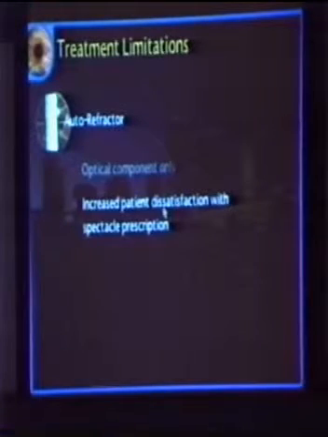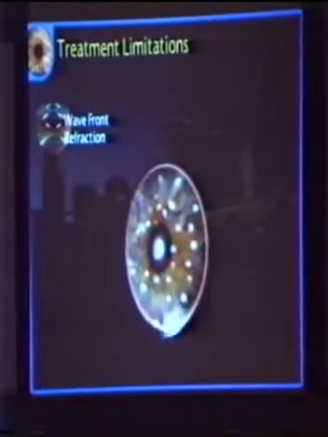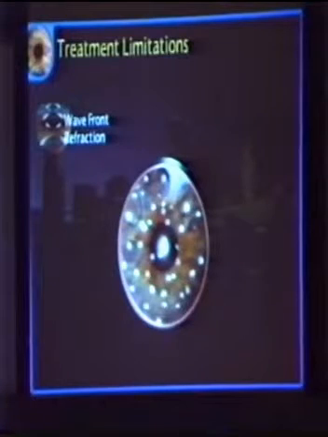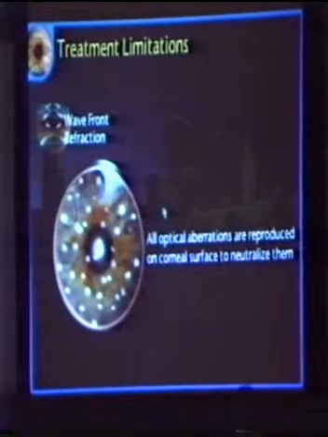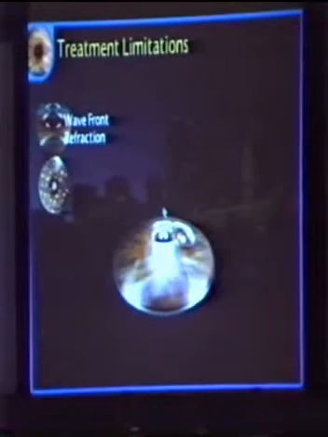Autorefractor, well, once again, only optical components. And as you all know, if we try to prescribe spectacles off the autorefractor, we get a very high level of patient dissatisfaction, so we don't pursue that. The wavefront refraction, well, it really corrects all the aberrations within the eye on the surface. And so by doing that, all these optical aberrations are reproduced on the corneal surface to neutralise them.